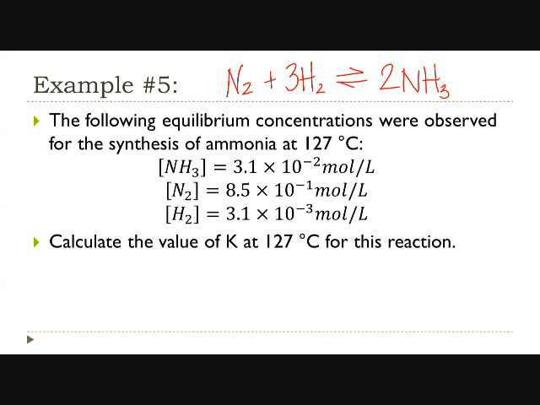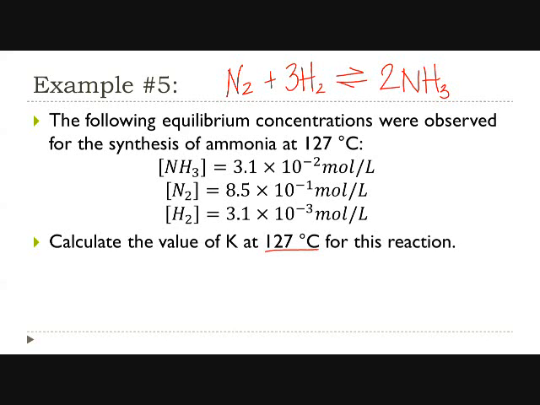We want to find the value of K at 127. The equilibrium constant is temperature dependent, so you will probably be told temperatures in problems, but for our purposes it doesn't really matter. You just have to know that it is temperature dependent, so it could change at a different temperature.